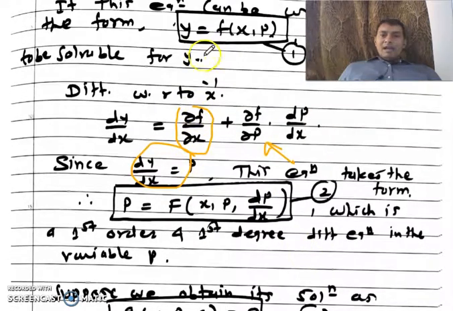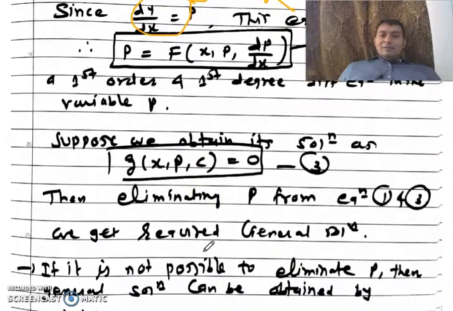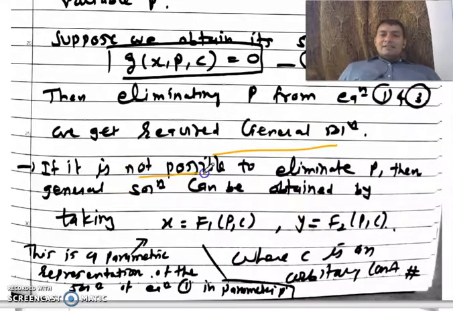So whatever we have, the given differential equation y is equal to f of x, p, and here g of x, p, c, and from these two equations we eliminate p, and that is going to be the required general solution. In such cases, if it is not possible to eliminate p, then the general solution can be obtained from equation number 1 and equation number 3.